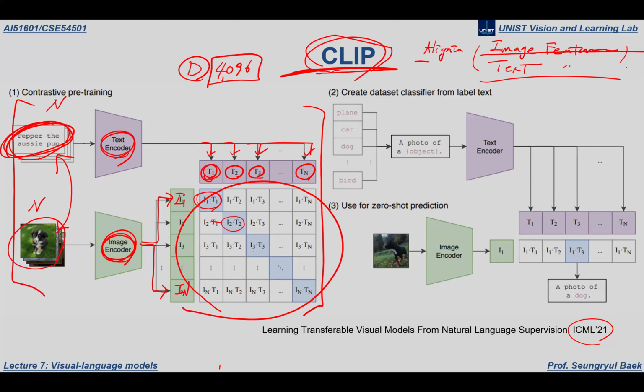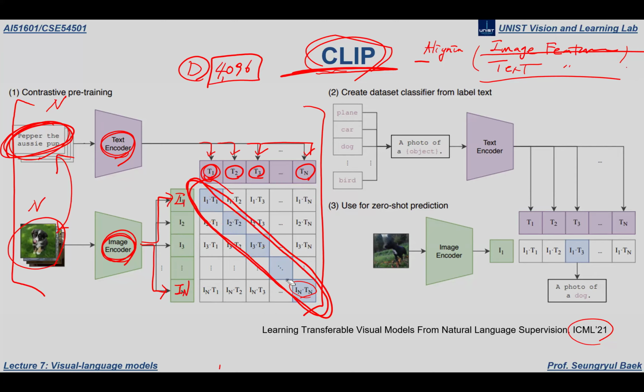If we take the dot product of both, we can measure their similarity. And we will maximize these diagonals, which means this is T1, the first text feature, and here there is I1, the first image feature.